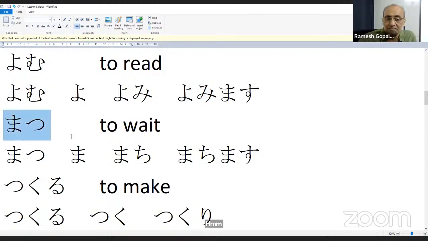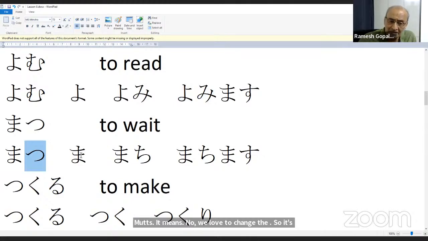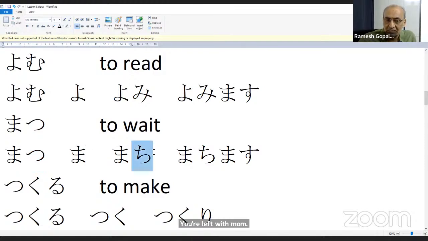Matsu. It means to wait. Now we will have to change matsu to its mas form. So tsu, drop. You're left with ma. And what is the corresponding e sound for tsu? Chi. Add chi.